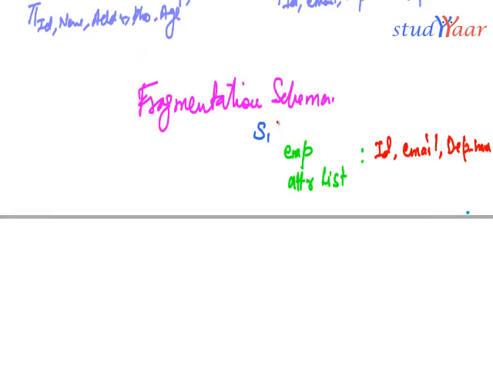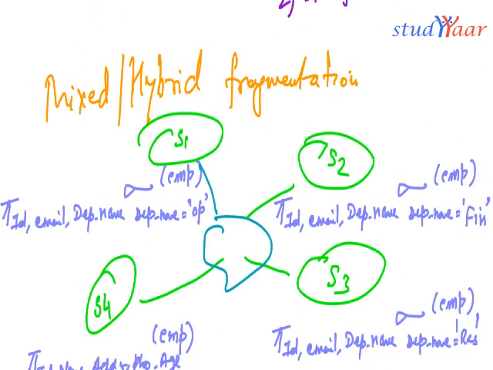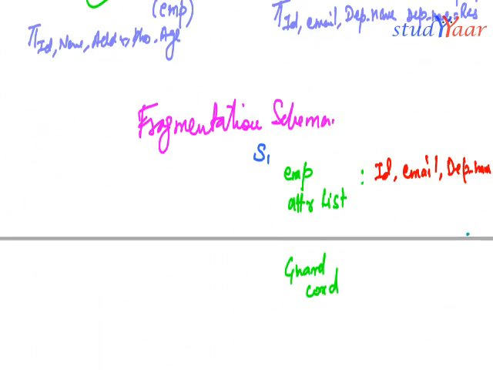And it has a guard condition. What is the guard condition? My guard condition over here is department name is equal to operation.